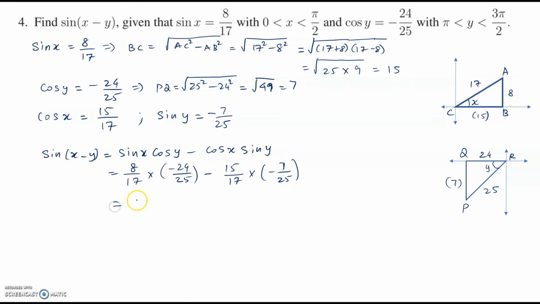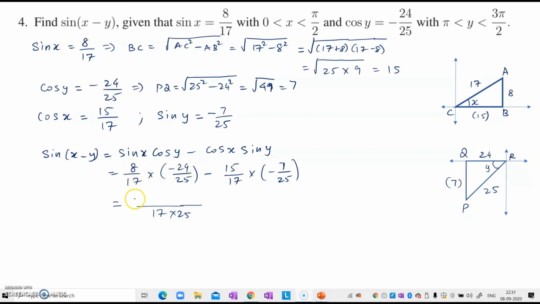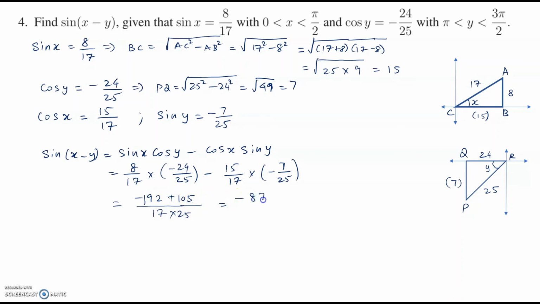So further, this would be in the denominator 17 into 25, and the numerator would be minus 192 plus 105. So the answer would be minus 87 divided by 425.